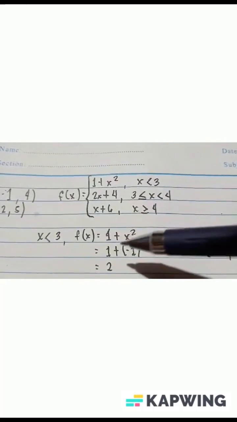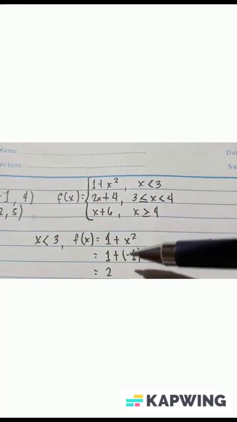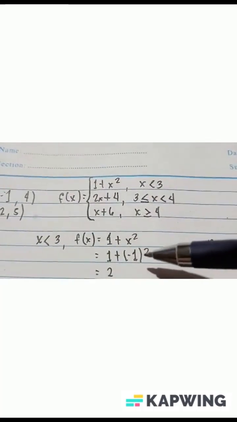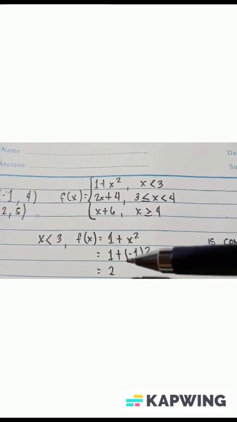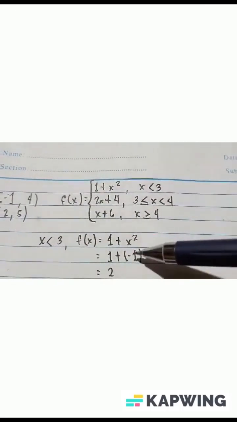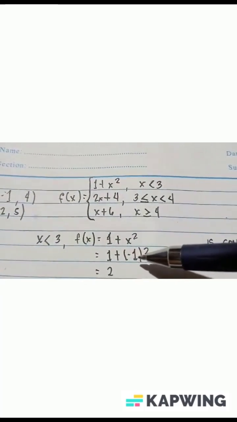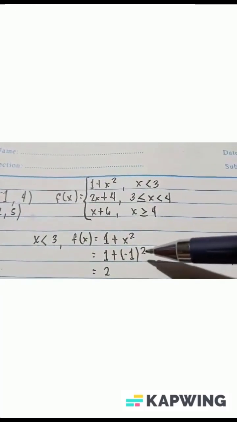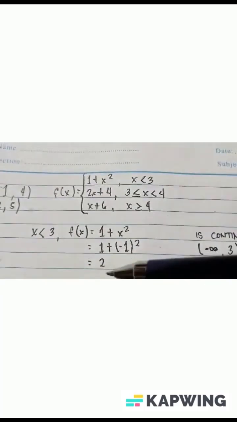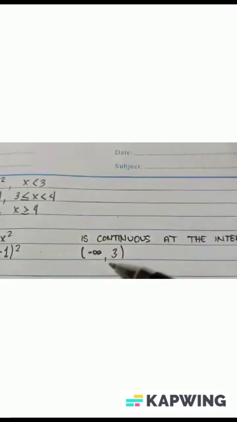We need to substitute the x with negative 1. So it will be 1 plus negative 1 squared, which is equal to 2. So therefore, our interval is continuous at negative infinity and 3.